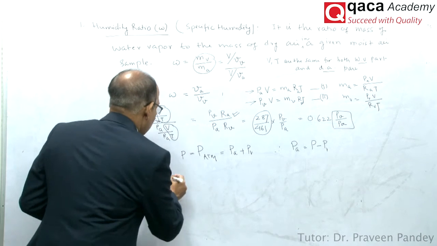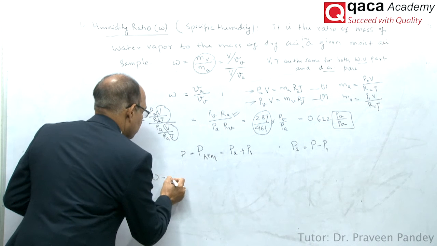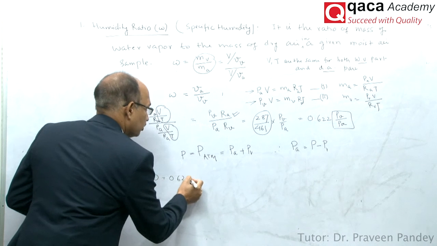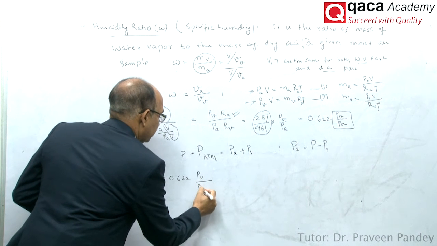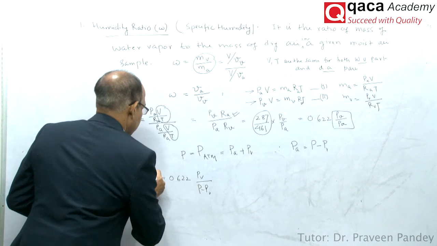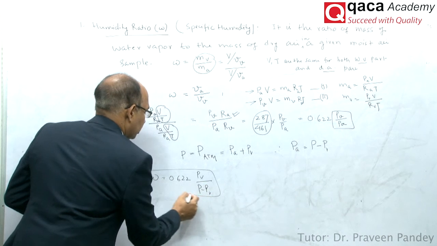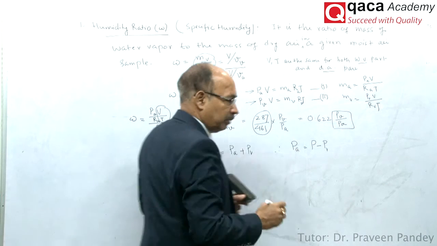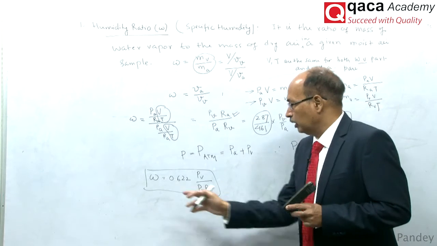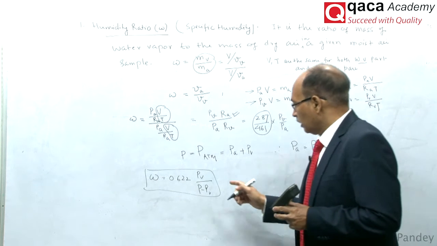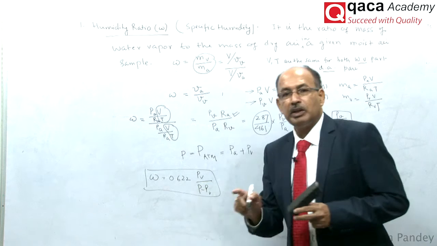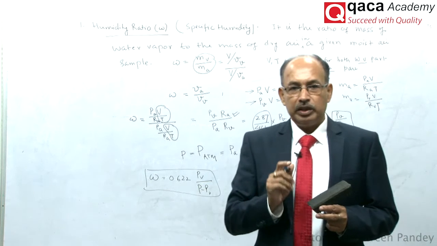So, finally, omega is equal to 0.622 P_V by P minus P_V. This is a well known equation and it is very commonly used for finding out specific humidity in a sample of moist air, if we know the partial pressure of water vapor in the dry air sample.